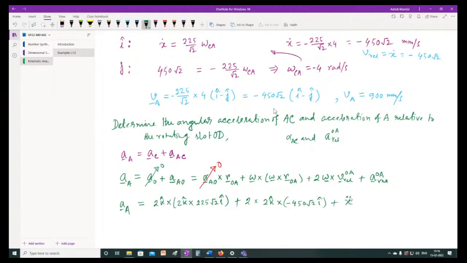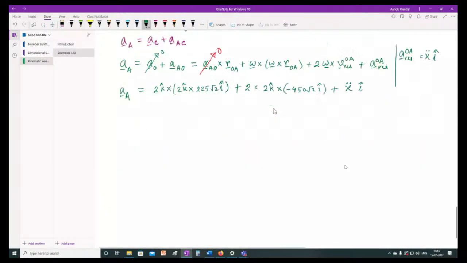Double dot represents acceleration, x double dot in the I direction, right? So let's do this calculation. Ki is j, so you have a plus sign, and kj is I, you have a minus sign.